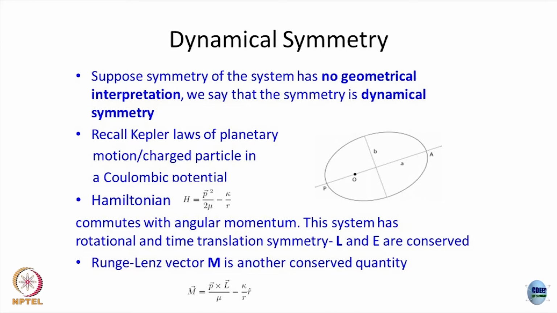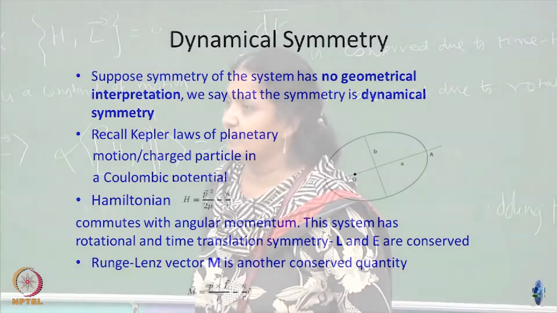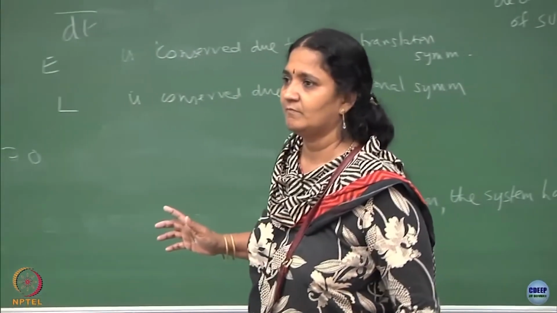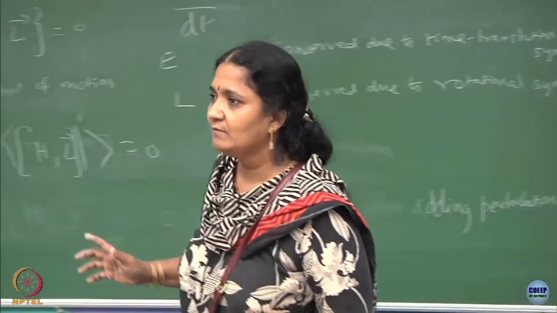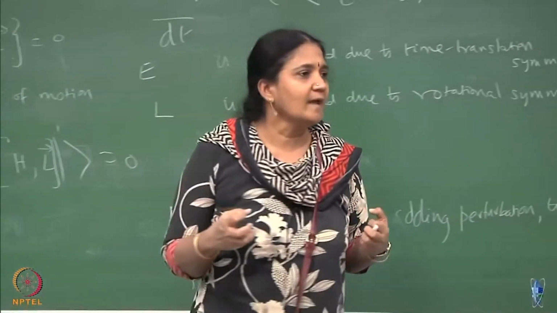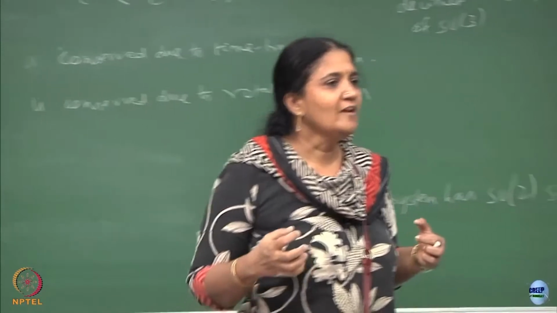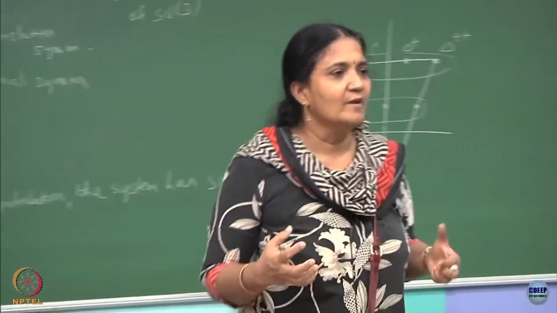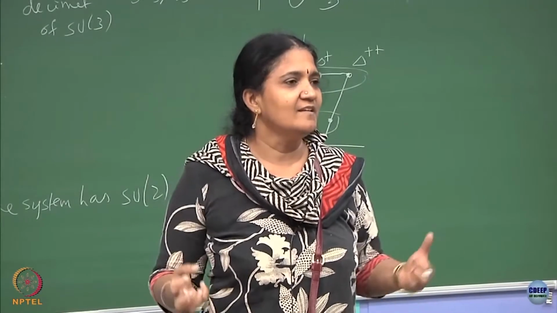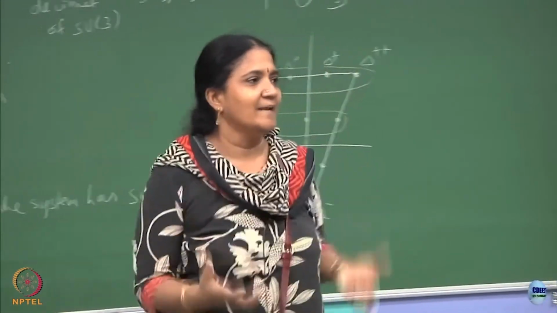It is a conserved quantity even in the hydrogen atom problem, but we do not know what is the geometrical interpretation. So, in that sense, it is sometimes said that you do not only have geometrical symmetry, you can have something more than geometrical symmetry. So, we say the hydrogen atom has a dynamical symmetry.